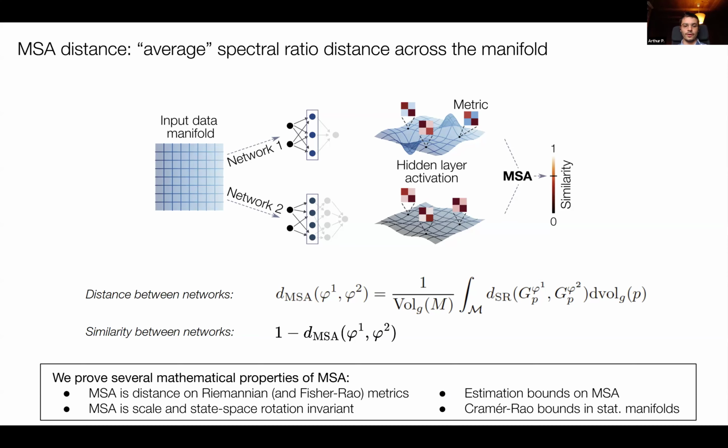In the paper, we prove several additional properties. We prove that MSA is a distance on Riemannian and statistical metrics, information geometries, so it satisfies the triangle inequality and so on, between Riemannian manifolds. It's scale invariant and state space rotation invariant, as well as a few additional properties.